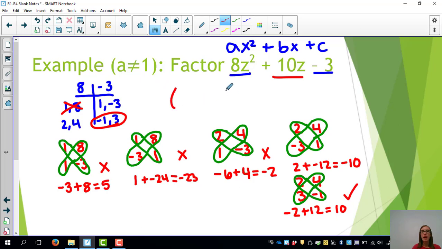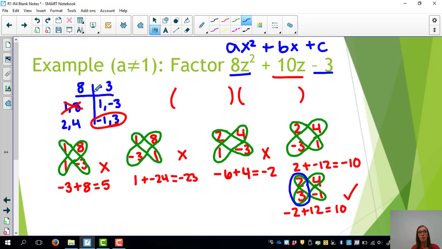So now we know when we factor a quadratic trinomial, we're going to end up with 2 binomials. But this time we're not just going to have z and z, because z times z is z squared, not 8z squared. So what I usually do now from this point is I show, okay, the 2 and 3 are going to be in the same parentheses.